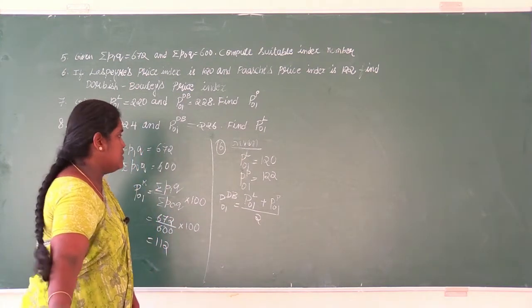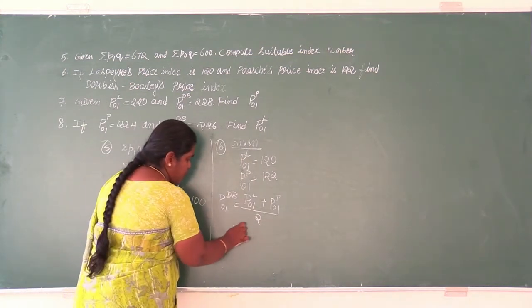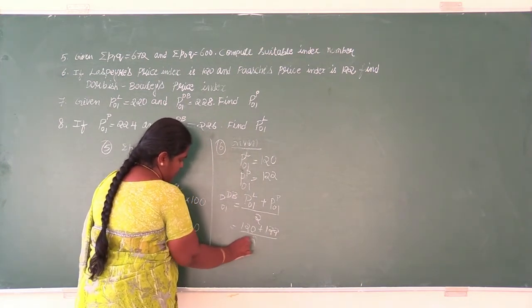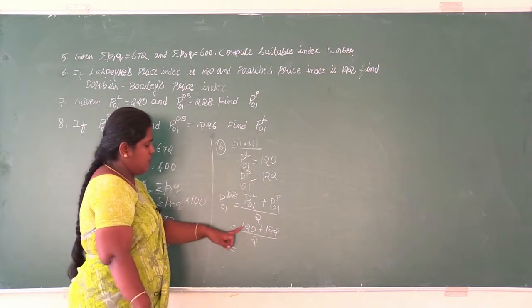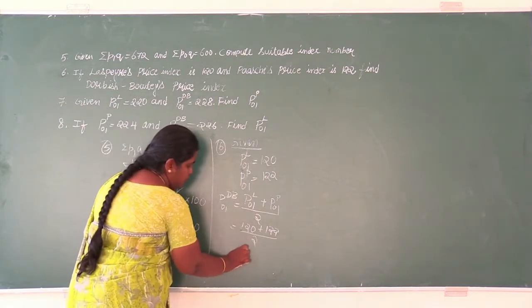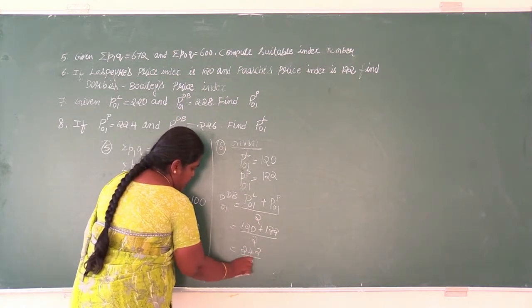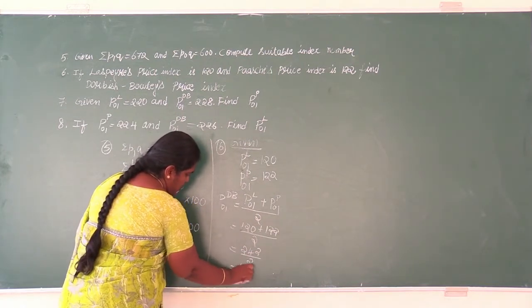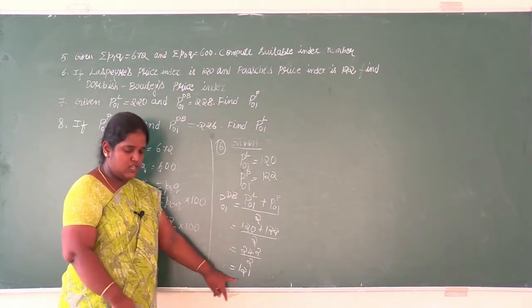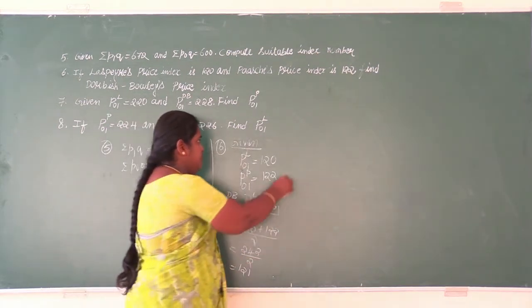When we substitute, 120 plus 122 divided by 2. Add the numerator 120 and 122, you'll get 242 divided by 2 is 121. So Drobisch-Bowley's price index number is 121.